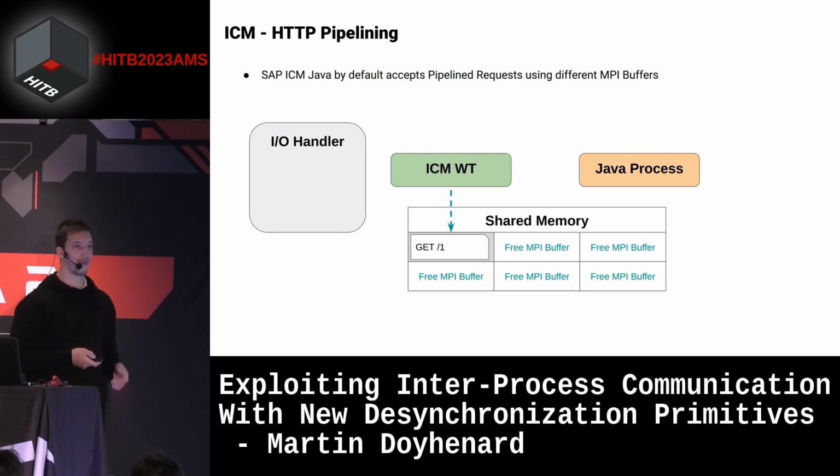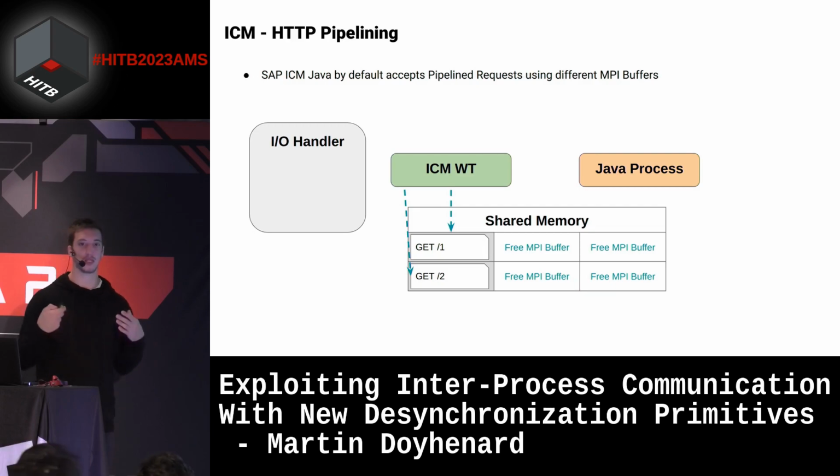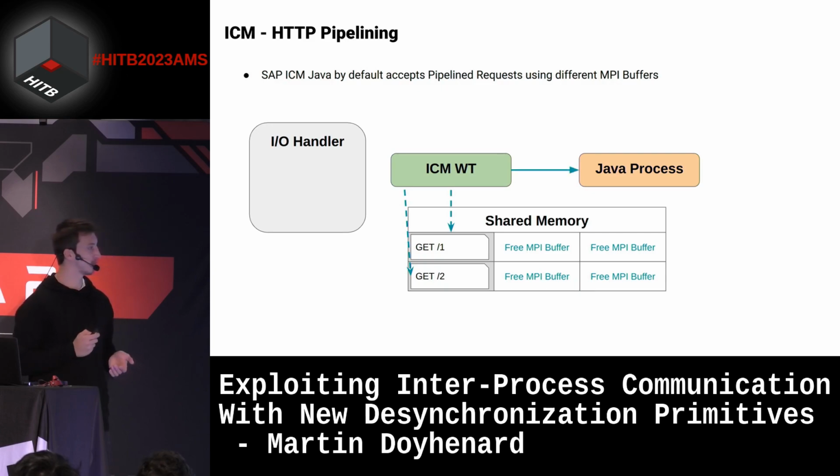The ICM will first store the 2 requests in a specific MPI buffer. But when the HTTP parser reads the request, it will recognize the second one and place it in a new MPI buffer. Now the ICM worker thread will work on the first request and send the MPI pointer to the Java process.